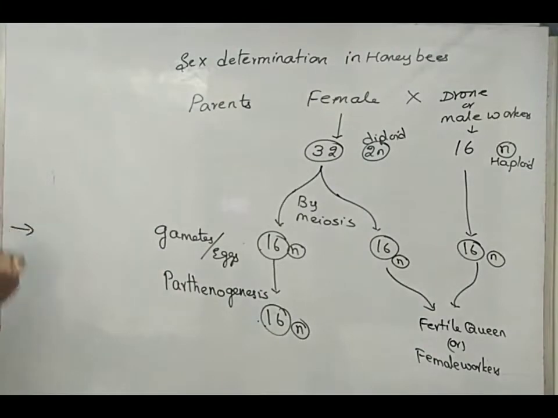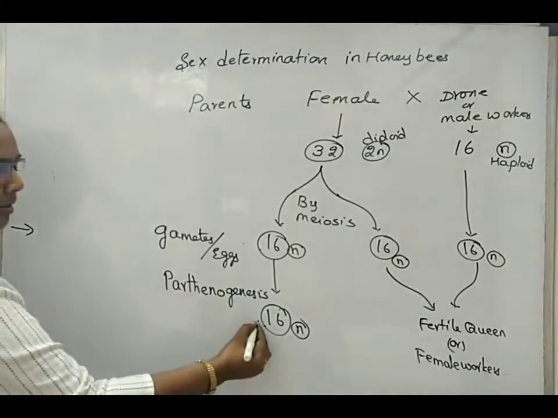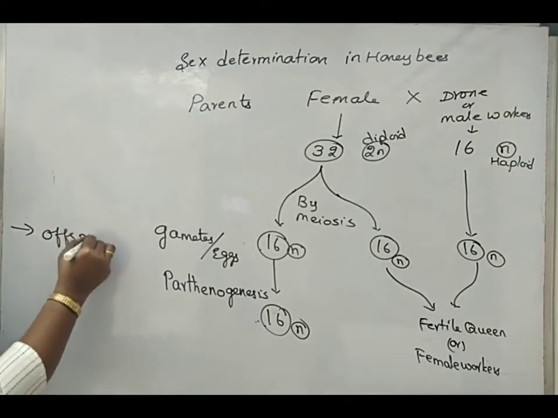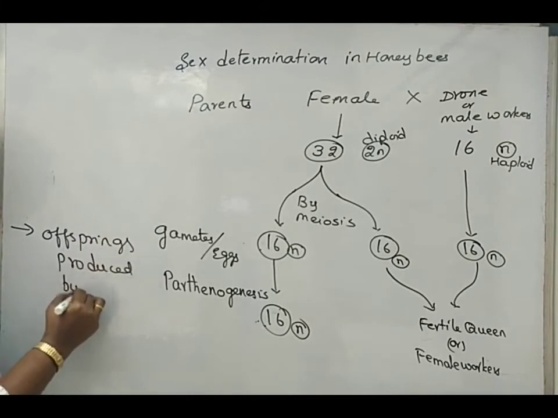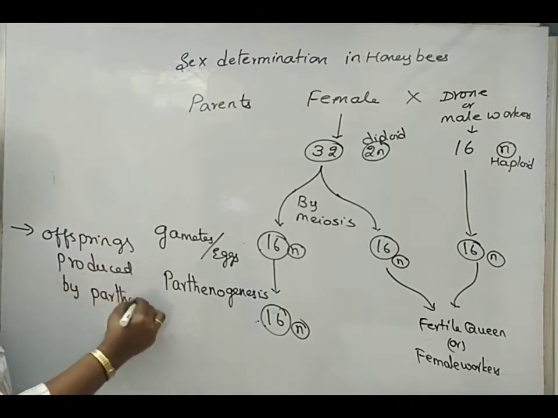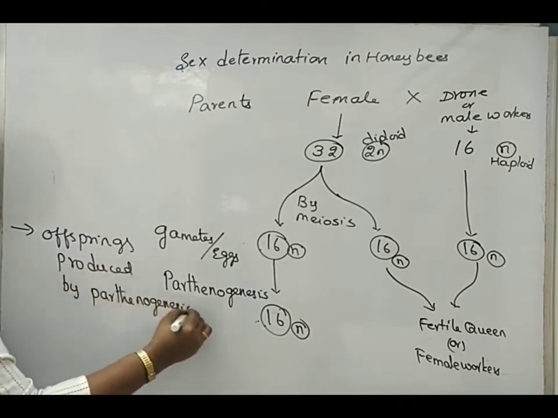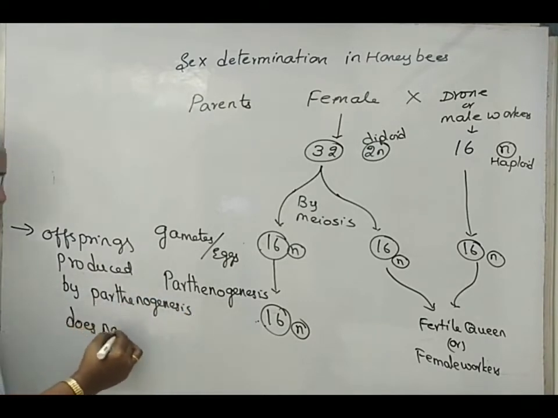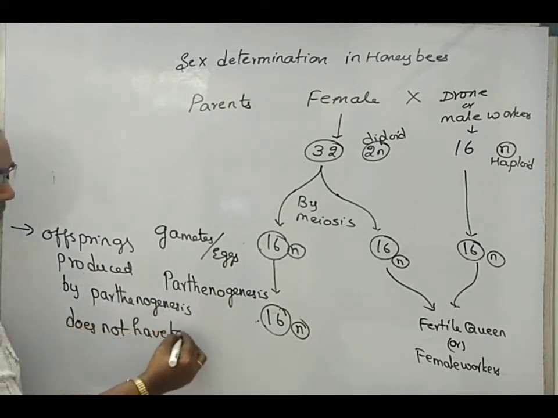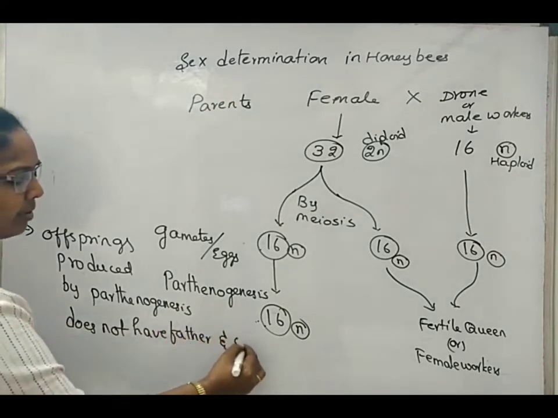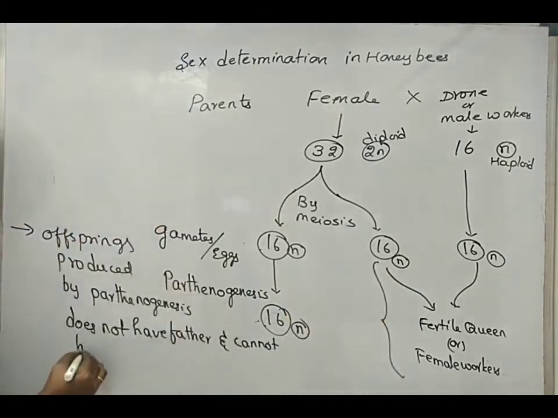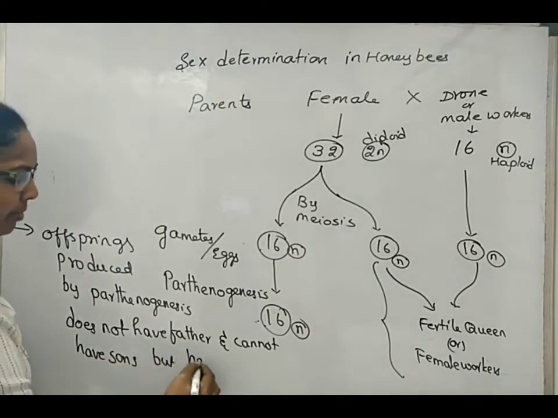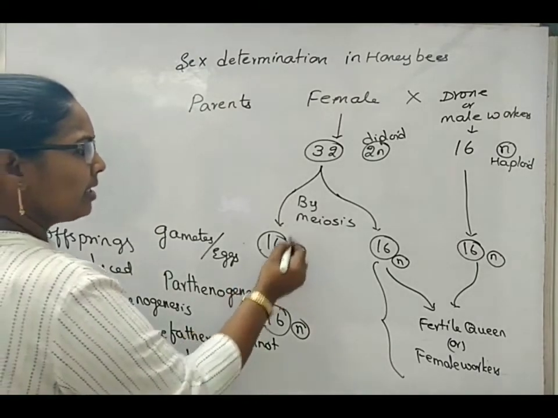You can write that in sentence formation: these offspring produced by parthenogenesis do not have a father and cannot have sons. According to this, there are no sons, but they have a grandfather.